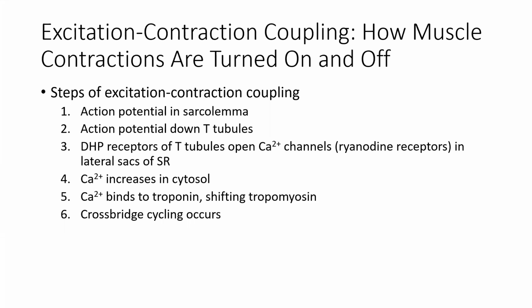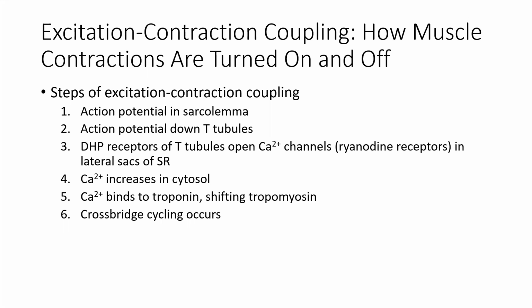It's going to call on two receptors, DHP receptors, dihydropyridine, we'll talk about those in a bit, that are associated with the T-tubules, along with ryanodine receptors, which are also coming in contact with those DHP receptors. It's also going to call on that triad. We spoke about that structure. It's a collection of one T-tubule and two lateral sacs on either side, or the terminal cisternae, we also call those structures, that created this triad of structures.